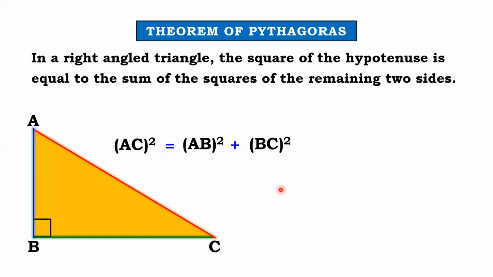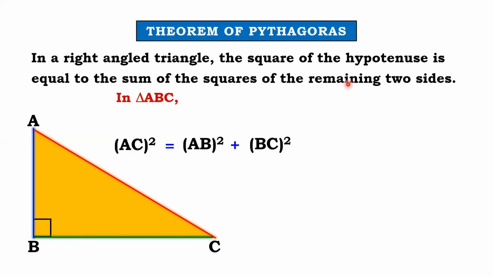Now students, let us see how to present this, because that is the most important part in presenting sums. First of all, we need to mention the name of the triangle. And remember that whenever we are naming a right angle triangle, the right angle should be placed in between the other two vertices. So in triangle ABC, because B is the right angle, B is placed in between the other two vertices.